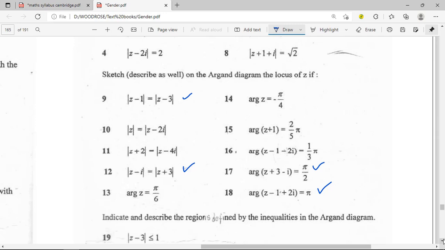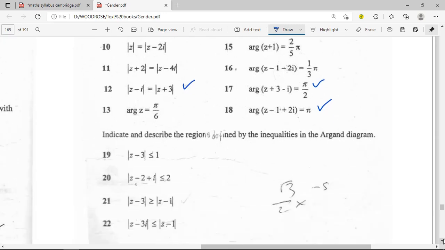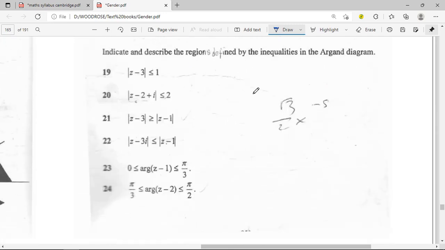Can you pause? Then on the next one, I want you to do these inequalities. Here are now inequalities 19, 21. I think no, it's different. 21, 23 and 24. So you do that.